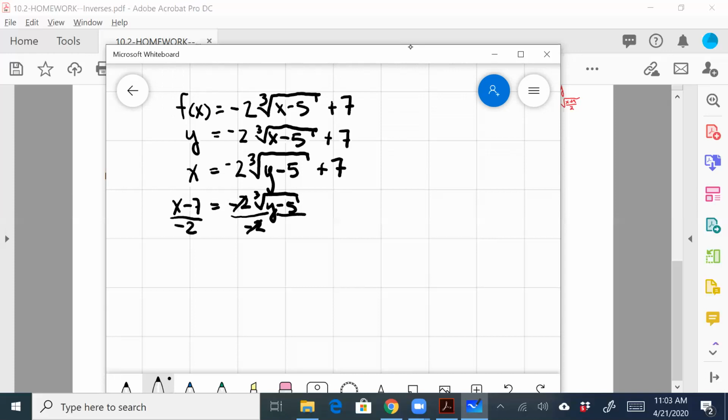So that cancels the -2. Then how do we get rid of that cube? Because it's a cube root, what's the inverse of taking the cube root of something?